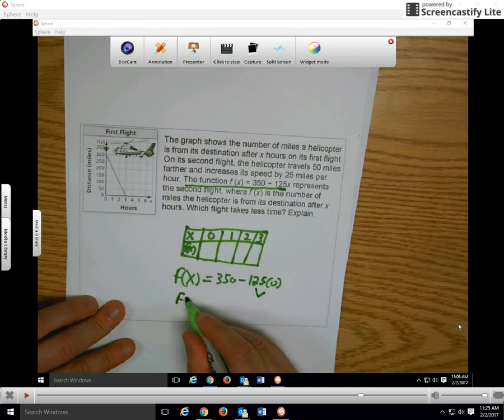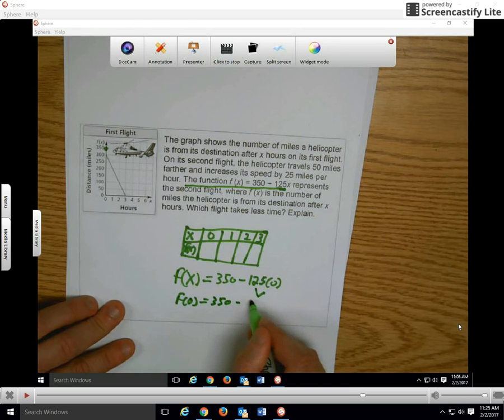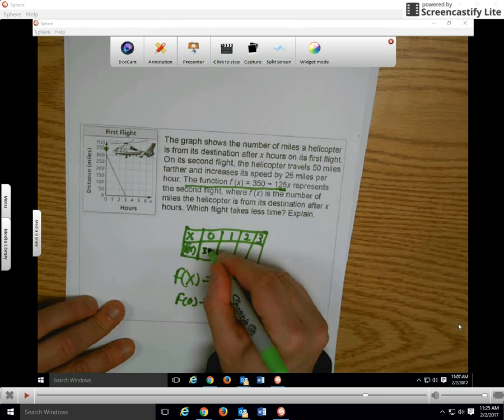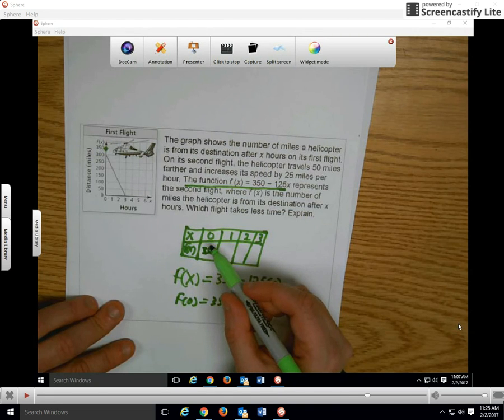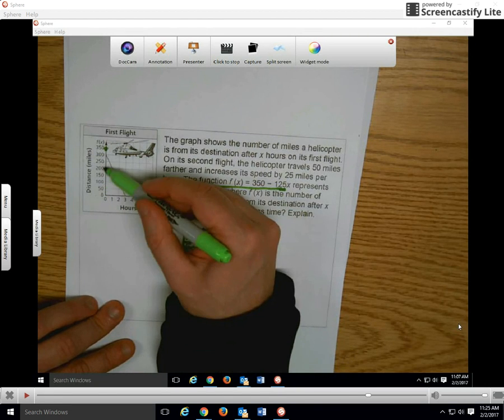So the function of 0 equals 350 minus 125 times 0, which is nothing. So the function of 0 would be 350. So if there was 0 hours, you would still be 350 miles away.